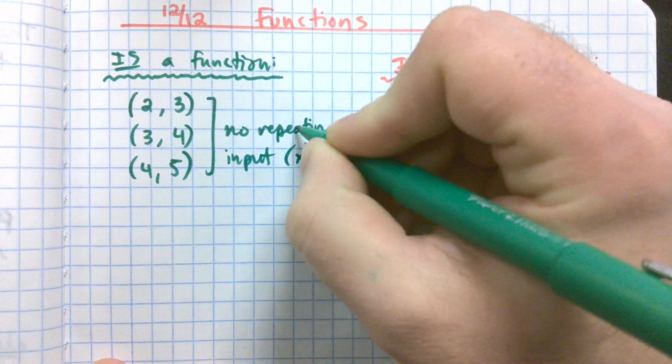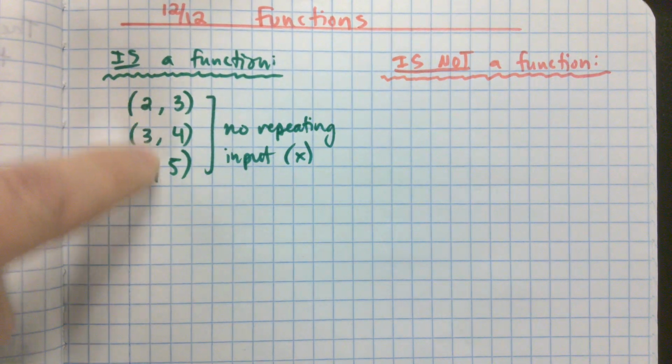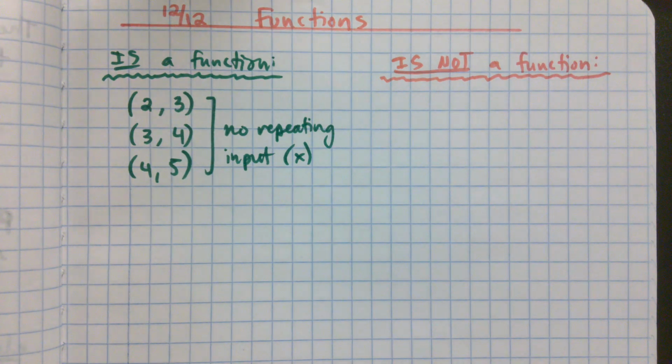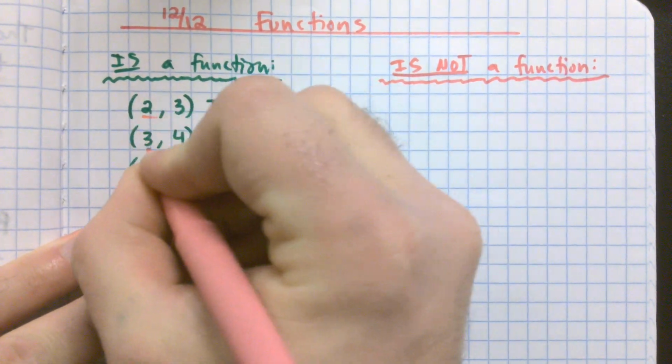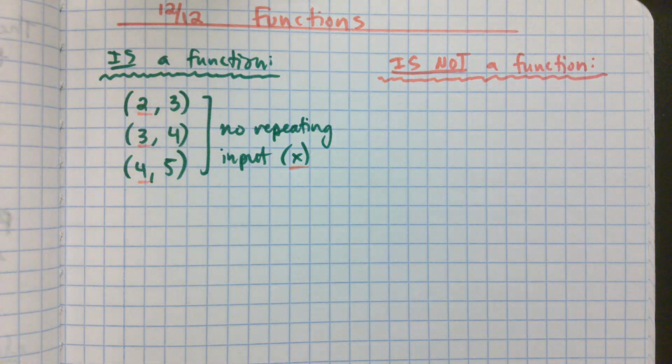Again, input being our x values. We have no repeating inputs. 2, 3, and 4 are all unique. That means we do, in fact, have a function. Now, we don't know if it's going to be a straight line or a parabola or anything in between, but we do know that it is a function when there's no repeating input.